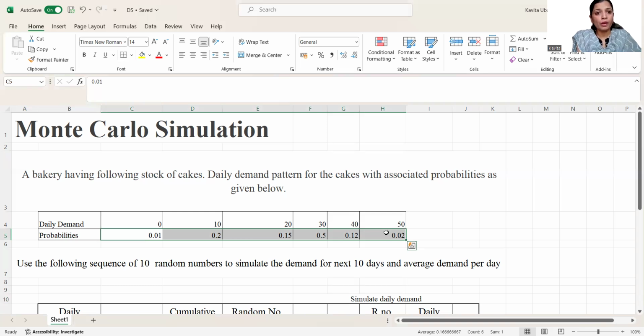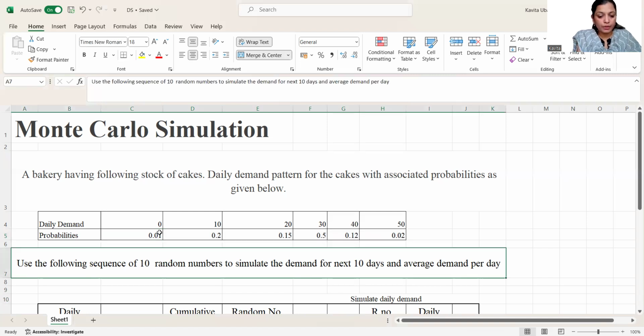So the extreme limits for probabilities are 0 to 1. It is never negative and never more than 1. So here this sum must always be equal to 1. You need to check that before we start preparing the solution for the problem.